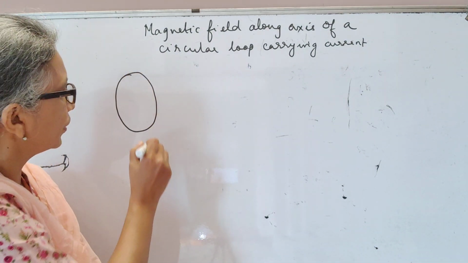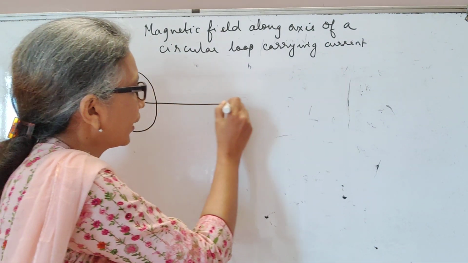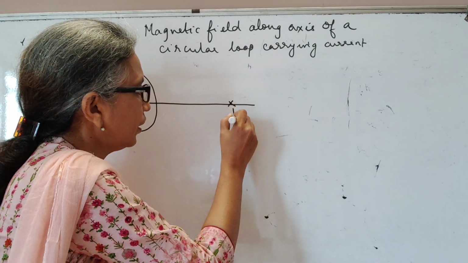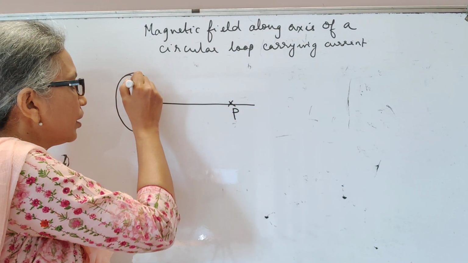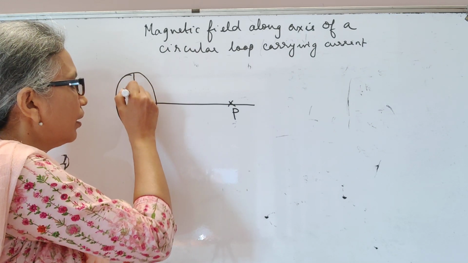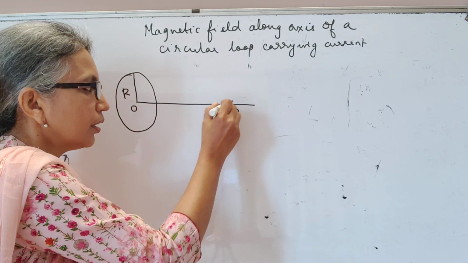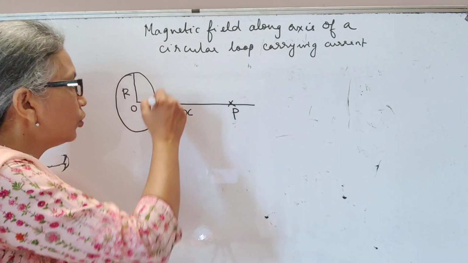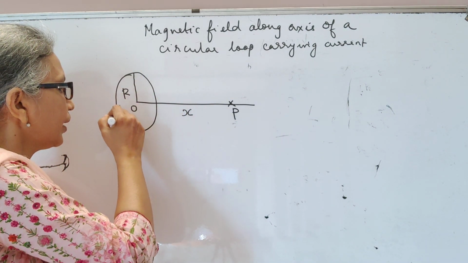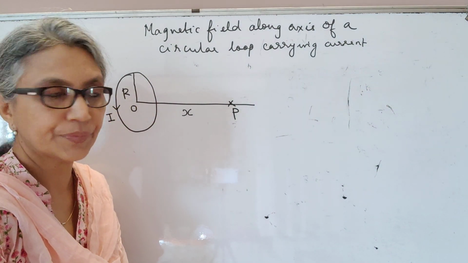This is a circular loop. This is the axis. At a point P, we need to find out the magnetic field. Let's imagine that this loop has a radius R. This is the center. P is at a distance x from the center of the loop. The loop is carrying a current I in the anti-clockwise direction.